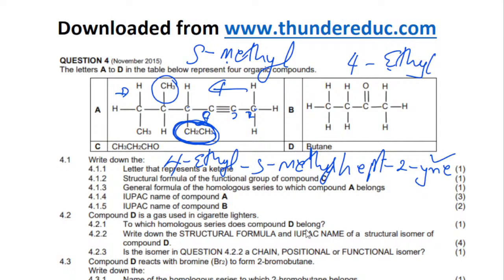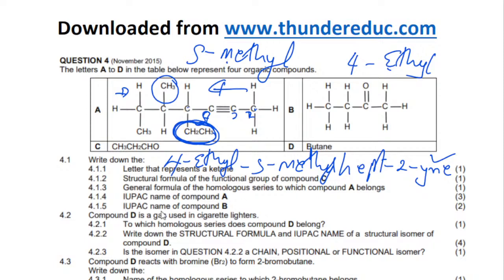That's how we label or how we name this using the IUPAC naming system. So I think I'm clear there. Unless you have a question, let me know. Now let's go to the next question and then we see.